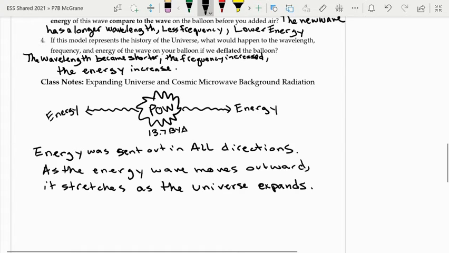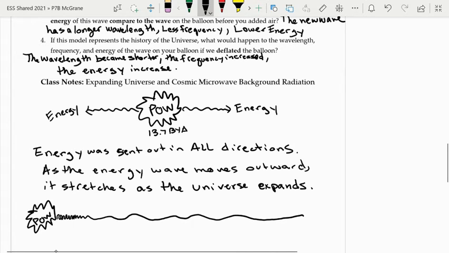So, in the beginning, energy was sent out in all directions. As the energy wave moves outward, it stretches as the universe expands. So we're going to show that down here with another pow. And originally, the energy was tiny wavelengths, and then it stretched out through the universe.